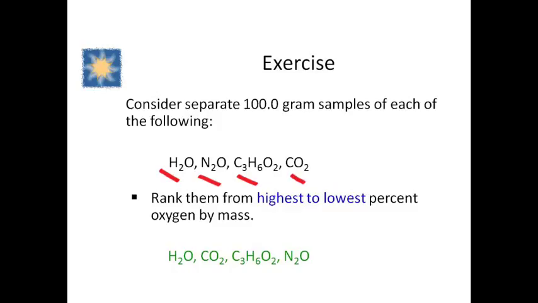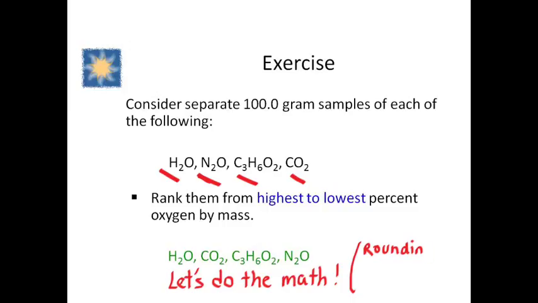And we want to figure out which one of these has the most oxygen by mass and which one has the least. So we have to do separate calculations. Let's do the math. I'm going to round these to whole numbers to make it go faster since we're at the end of this tutorial and you just need to see the idea.